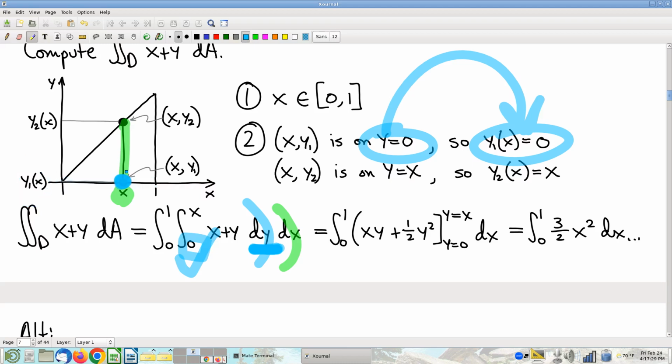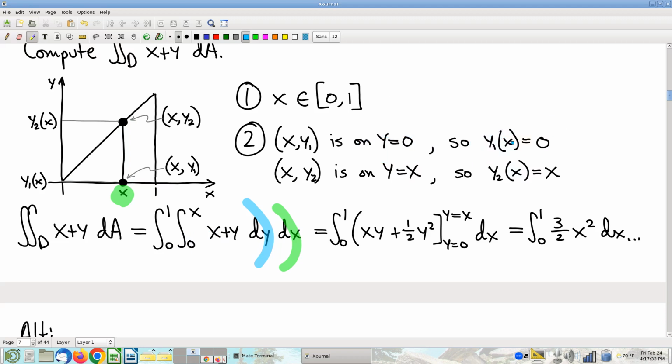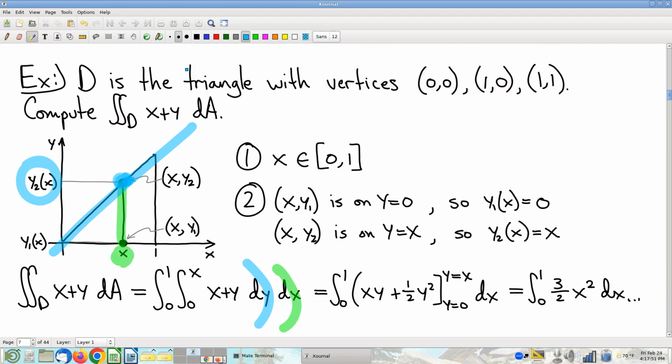Let's talk about the upper bound. Let's see here. Again, we're looking only at our x slice. The upper bound comes from this point, which is on that curve. If you recall, we're given various points, and you can think about the geometry.